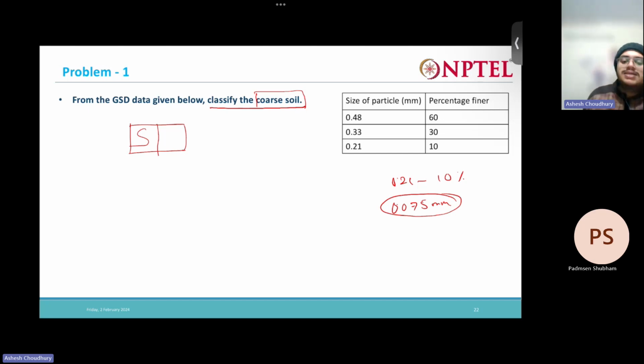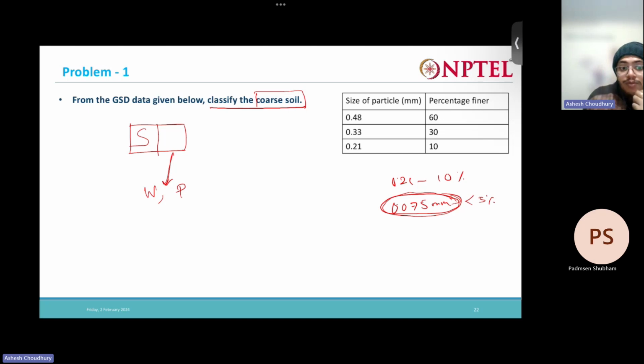So let us assume that the fraction passing through the 75 micron sieve is less than 5%. In that case, there can be two options for the suffix: well graded sand or poorly graded sand.